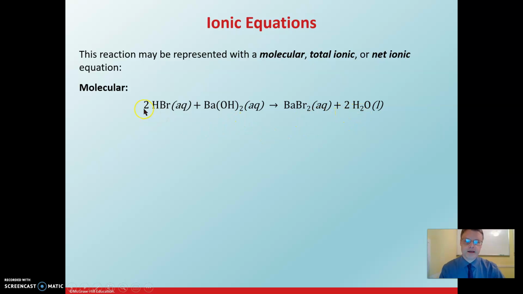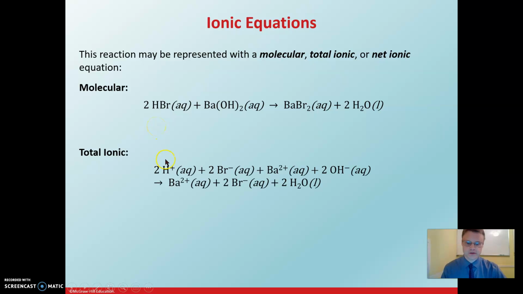Now, we can also write this as what's called a total ionic equation. To show a total ionic equation, every molecule that's in the aqueous form we split into ions, whereas molecules that are in their solid or liquid form, like water here, we keep together. HBr dissociates into H+ and Br- ions, so we need to show them in that form.